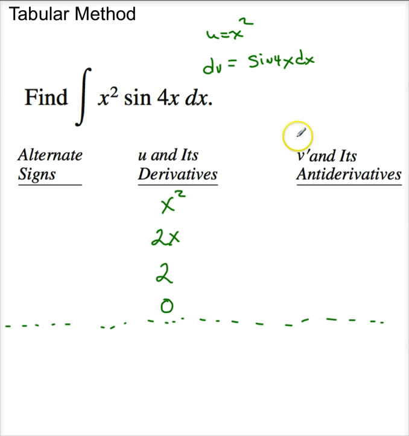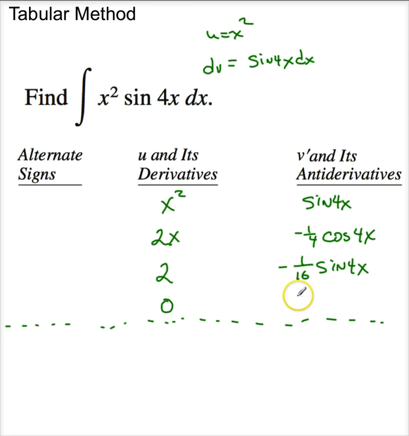So, v prime is sine of 4x. Now, I'm not going to put the dx's or anything like that. When I integrate this once, I'm going to have minus 1/4 cosine 4x. Integrate it again, I'm going to have minus 1/16 sine of 4x.